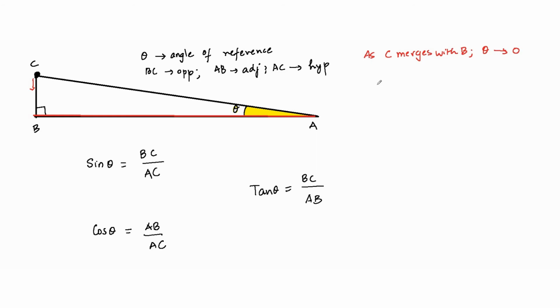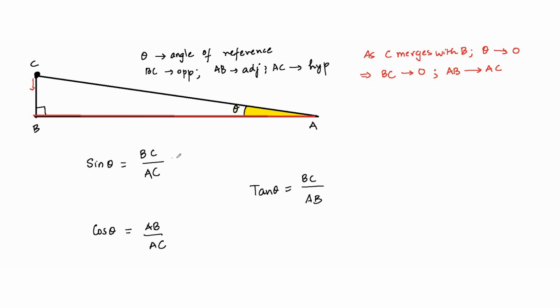And therefore, as it merges, I can say that the length of BC also gets closer to 0 because the separation between B and C reduces. So BC becomes closer to 0 and the length AB becomes closer to AC, right? So lengths of AB and AC become closer to each other and length BC becomes closer to 0.